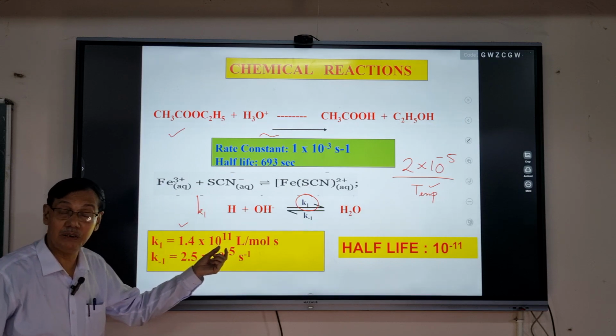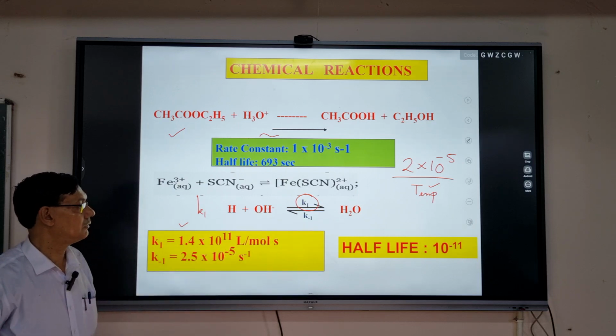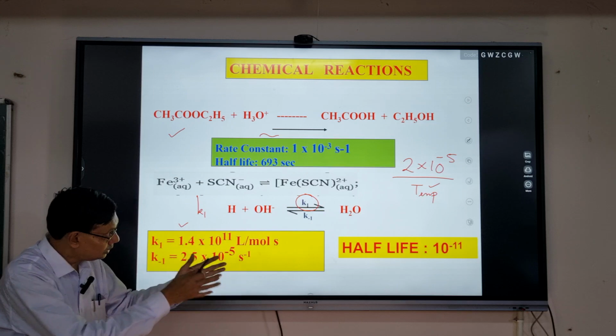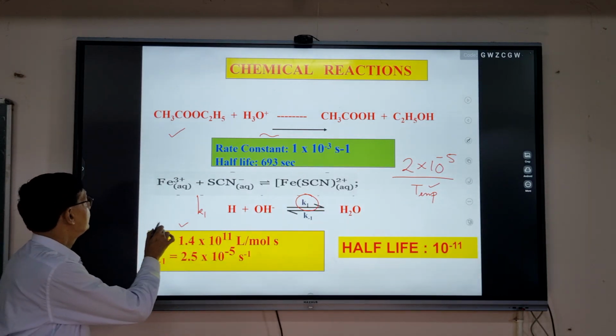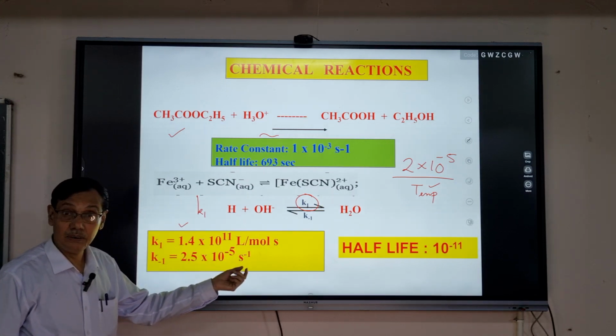Can you imagine 10 to the power 11? And of course the dissociation of water is the slow reaction, approximately 2.5 into 10 to the power minus 5 per second.